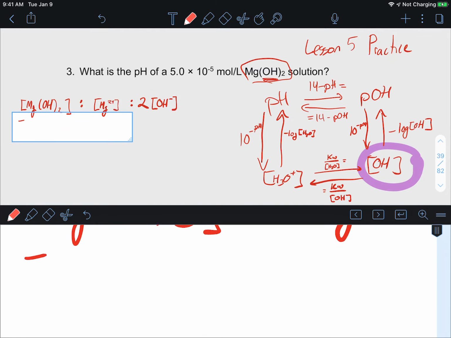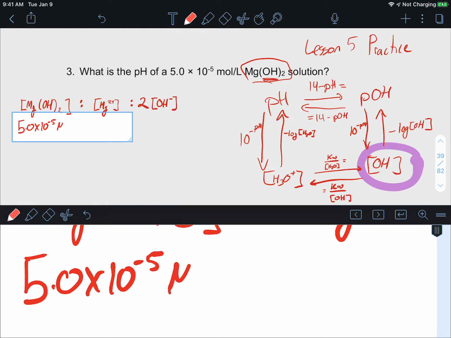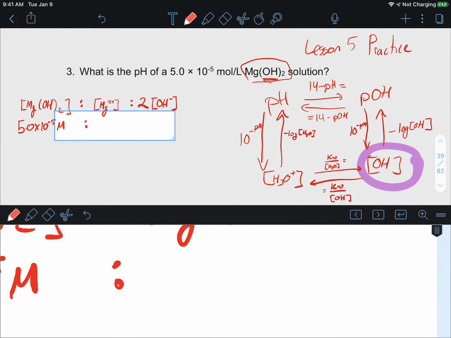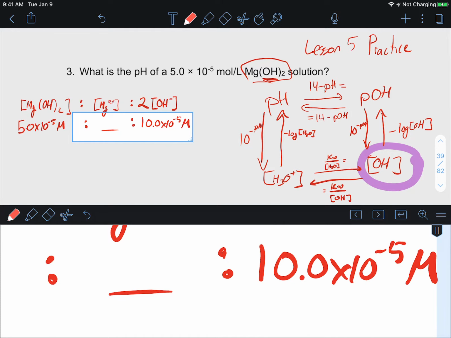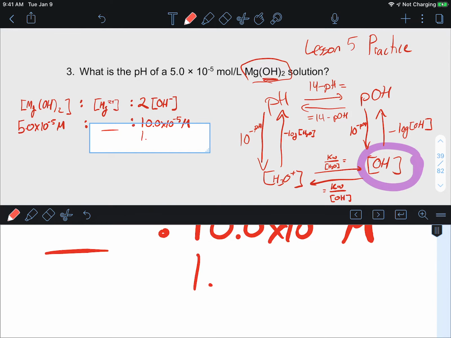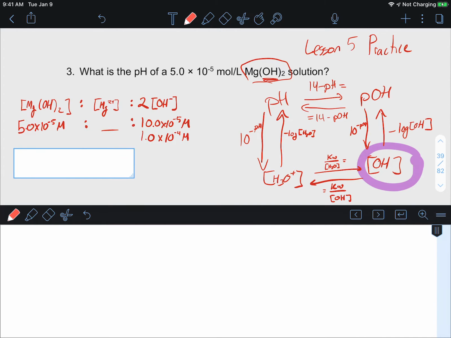So if our original concentration is 5.0 times 10 to the negative 5 molar, then the hydroxide concentration, I don't care about the magnesium one, is going to be 10.0 times 10 to the negative 5 molar. Or if you're using your calculator, you're probably going to get a result of 1.0 times 10 to the negative 4 molar, because that's how the calculator should write it.